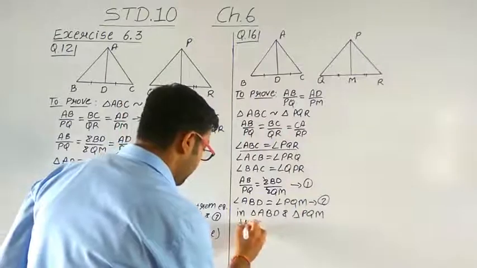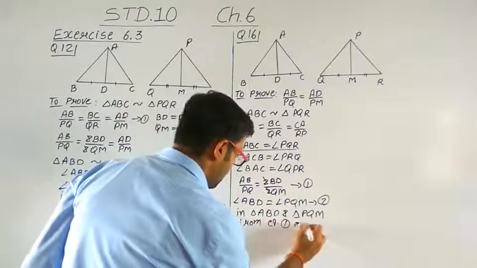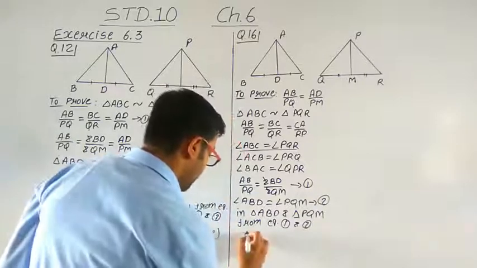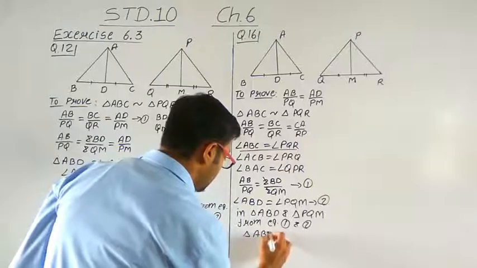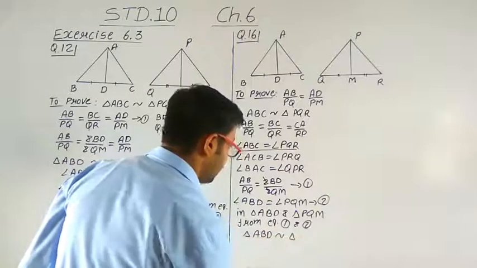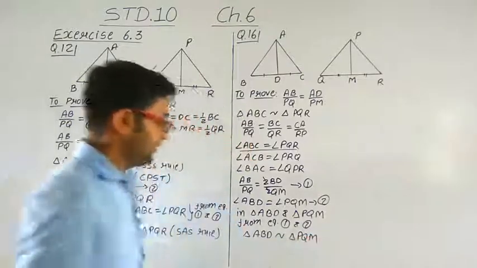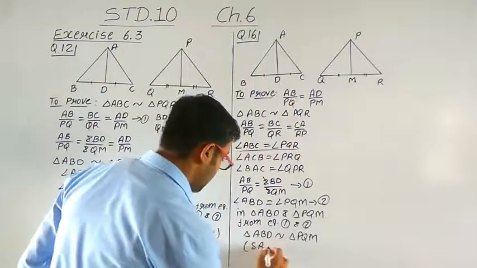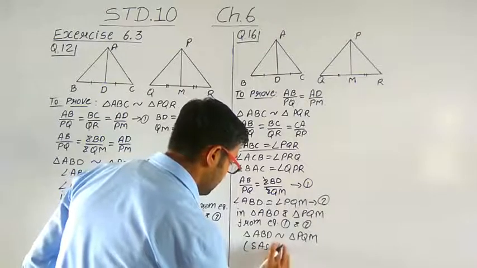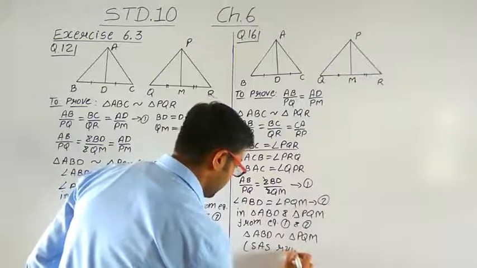So from equation number 1 and 2, we can write that triangle ABD is similar to triangle PQM by the side angle side rule.